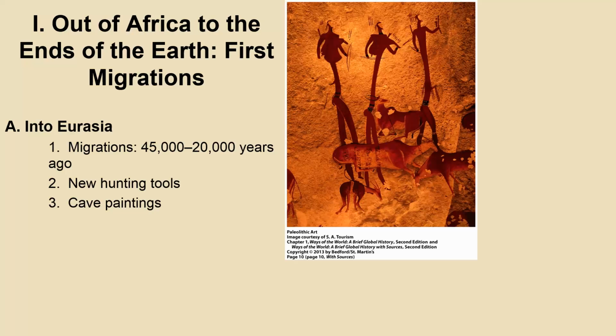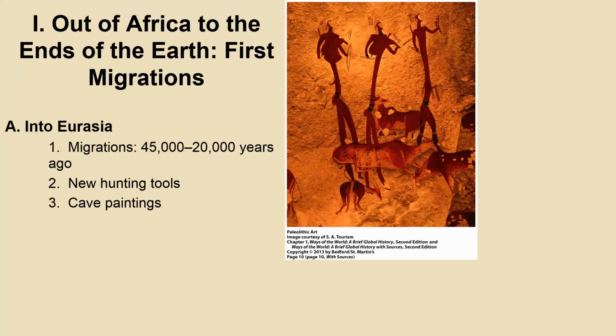You also have the development of cave paintings, and relatively little archaeological information exists for us to study Paleolithic peoples, and some of the earliest existing records of human communication are these cave paintings.